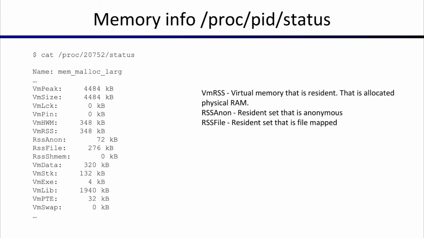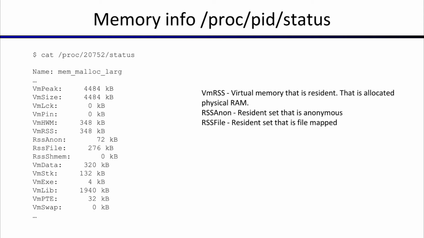RssAnon and RssFile: we discussed that file memory is one that has a file backing, and anonymous is one that does not have a file backing. So anonymous memory is 72 kilobytes. This is where your heap is. This is where your stack is. This is where you can create memory regions, like we just created in this program using malloc.